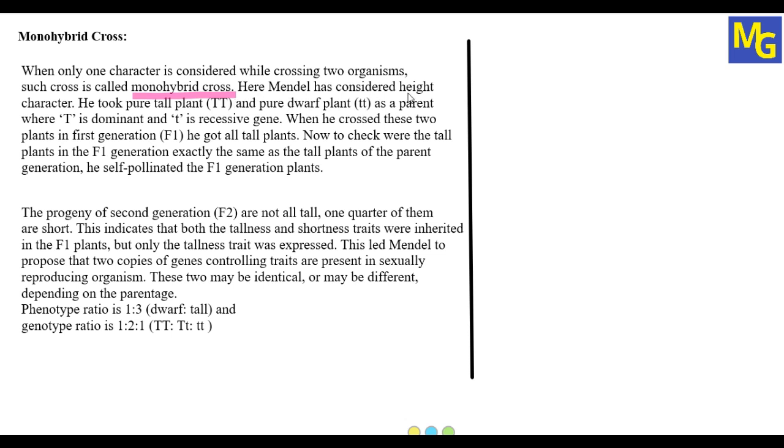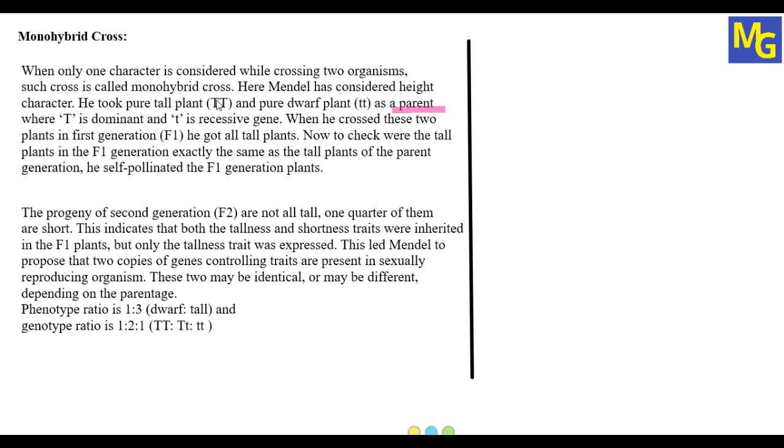Here Mendel has considered the height character. So Mendel has considered the height character for the monohybrid cross. He took a pure tall plant. A pure tall plant has the genes capital T and capital T. And the pure dwarf plant's genes are shown by small t and small t as parents.